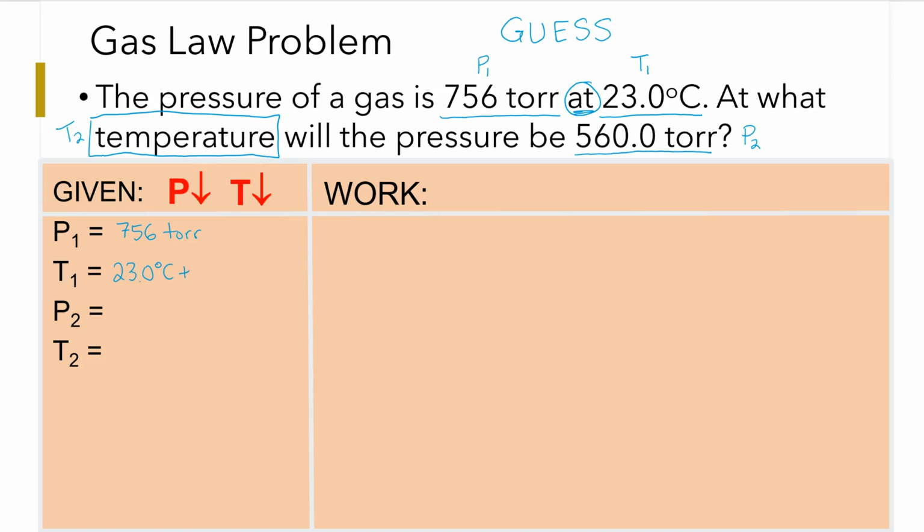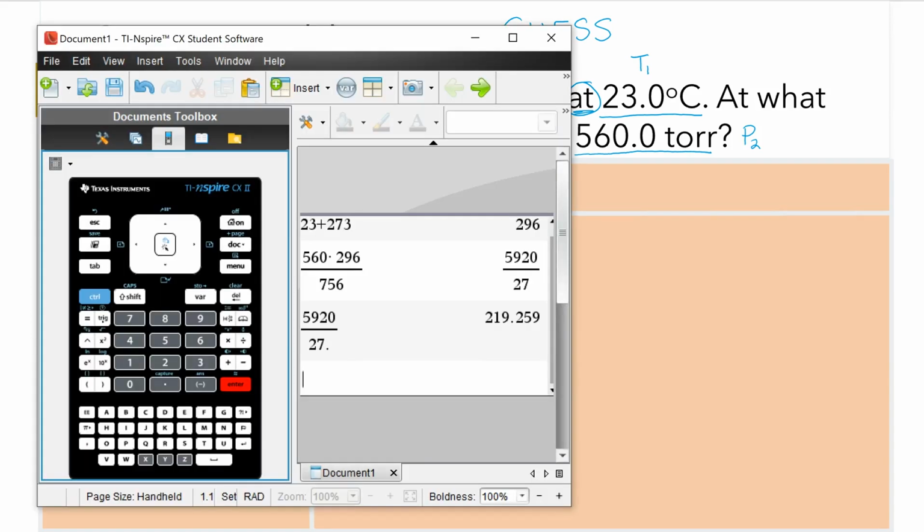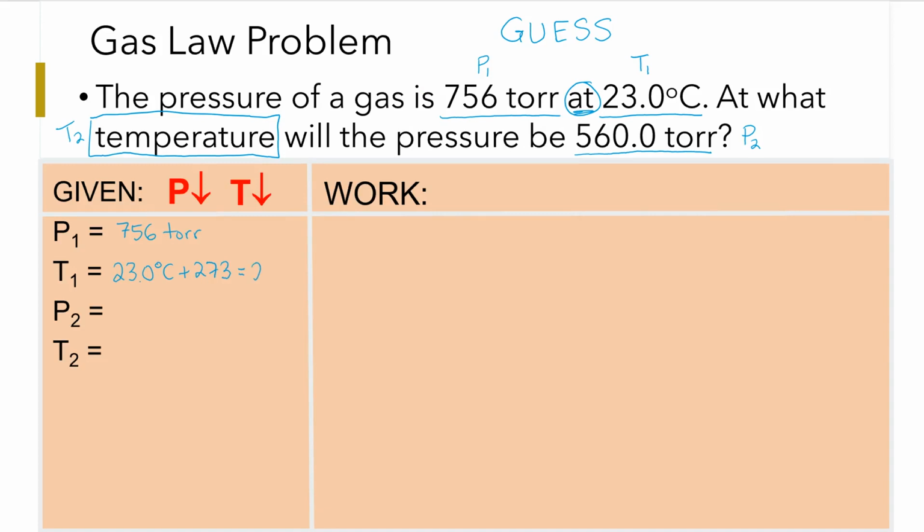So in order to convert from degrees Celsius to Kelvin, I need to add 273. So I'm going to use a calculator to do so. 23 plus 273 gets me 296. So 296 Kelvin. My pressure 2 is 560 torr.